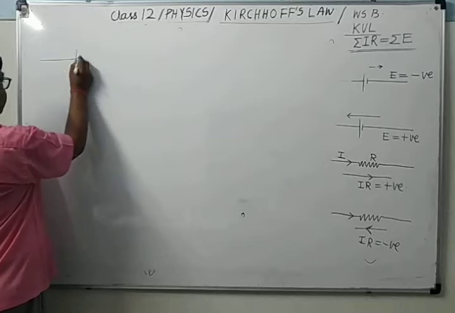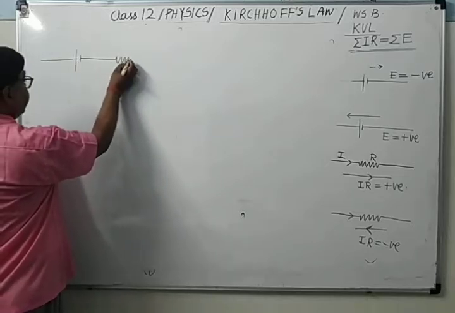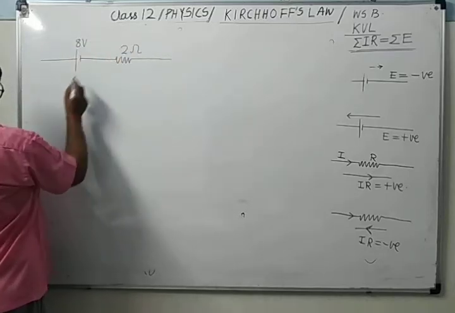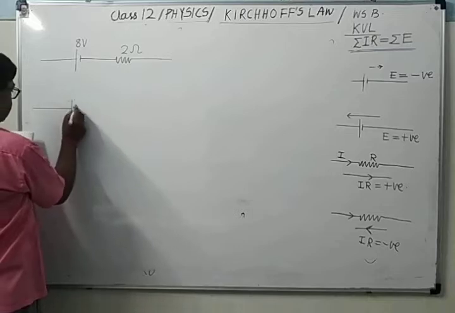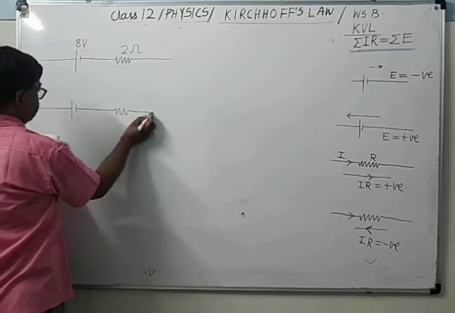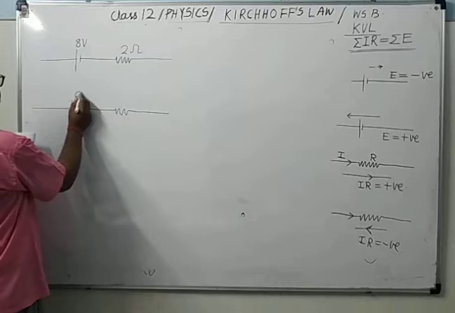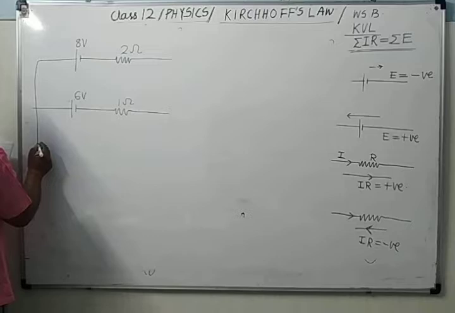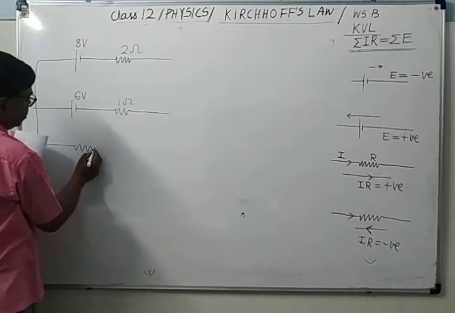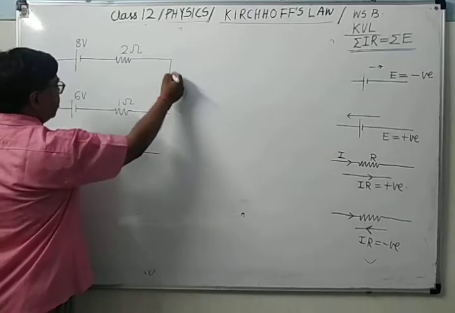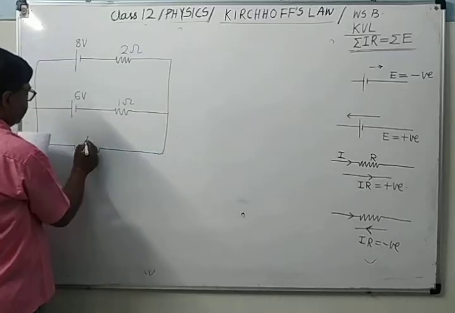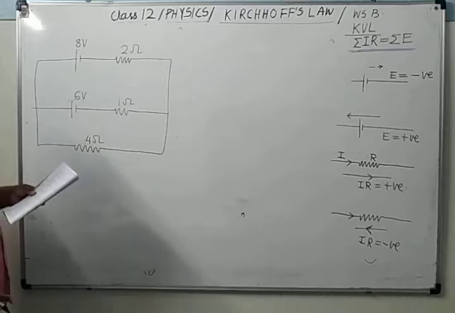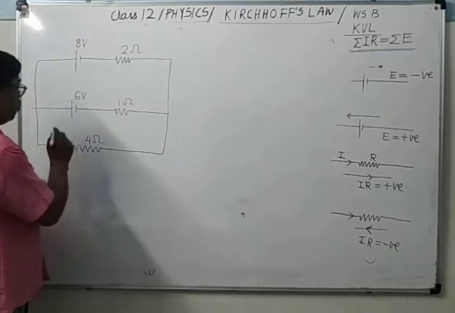This is 8 volt 2 ohm. This is 6 volt 1 ohm. And this is 4 ohm. Now you have to find the potential difference across 4 ohm.